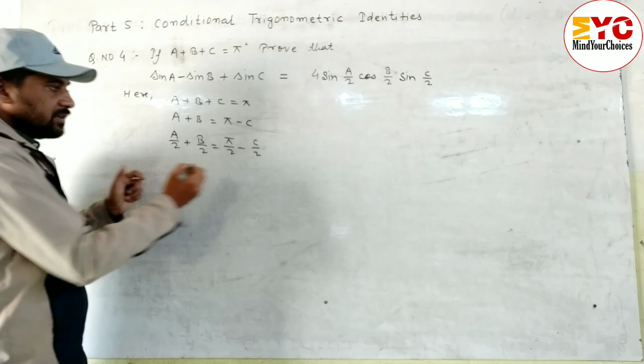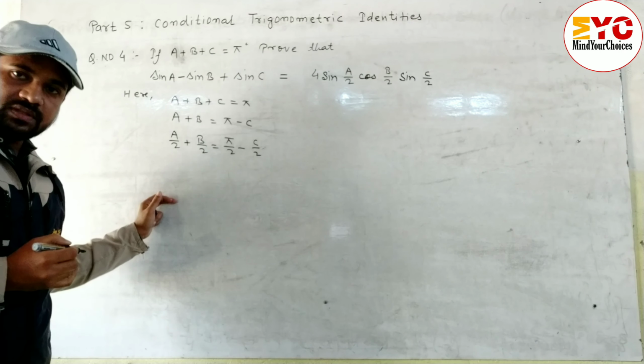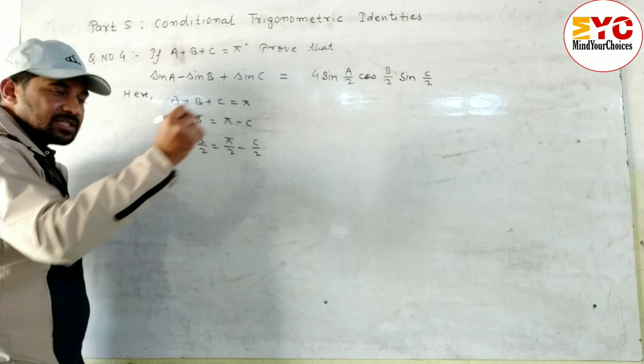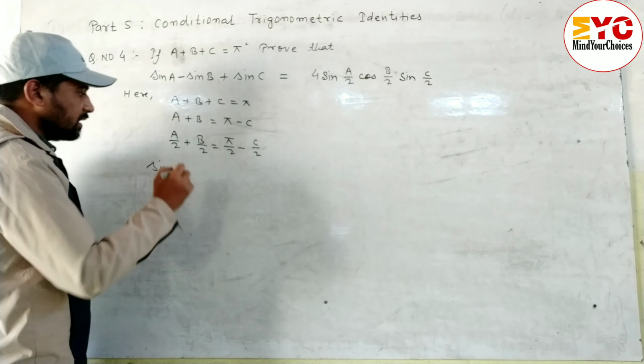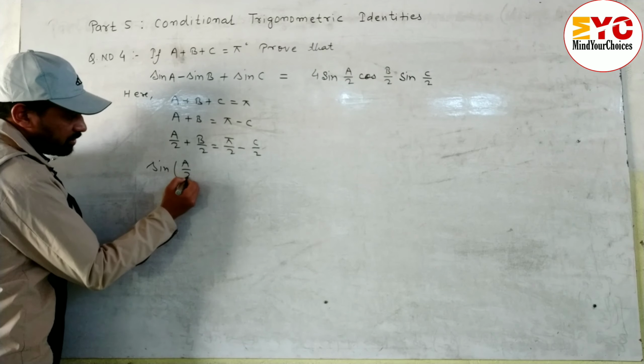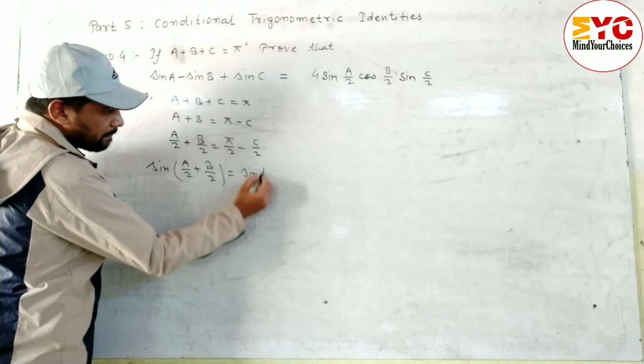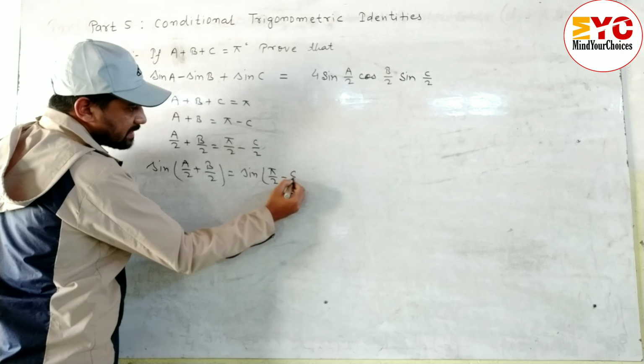After doing this much, we have to take sine on both sides and cos on both sides to find the values of sine of A plus B by 2 and cos of A plus B by 2. So sine of A by 2 plus B by 2 is equal to sine of pi by 2 minus C by 2.